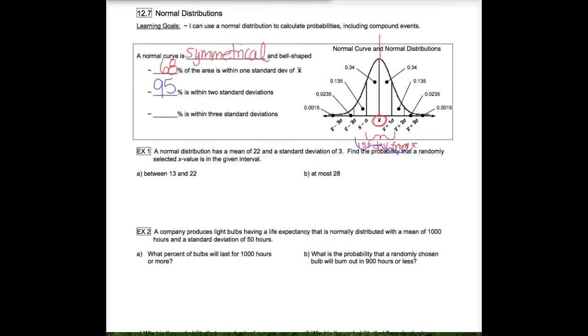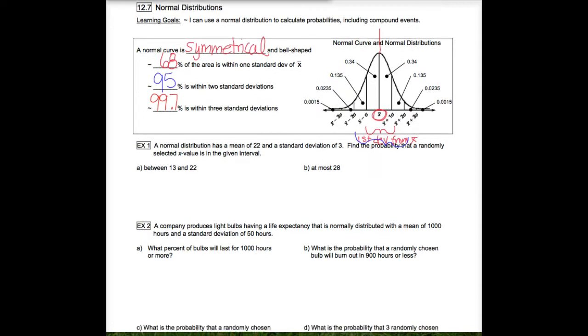And then finally, 99.7% is within 3 standard deviations. So if something is normally distributed, these are going to be true, meaning that anything that is outside of 3 standard deviations is going to be considered an outlier. It's a very, very low percentage of the data that is so far away from the other pieces.